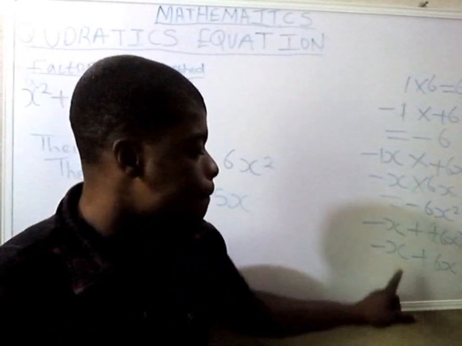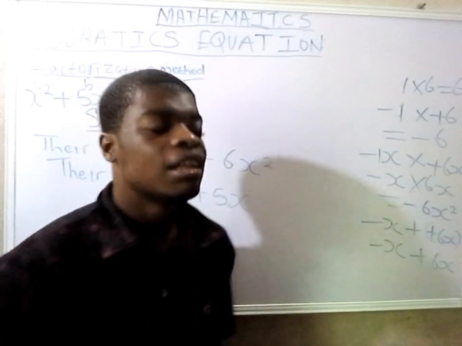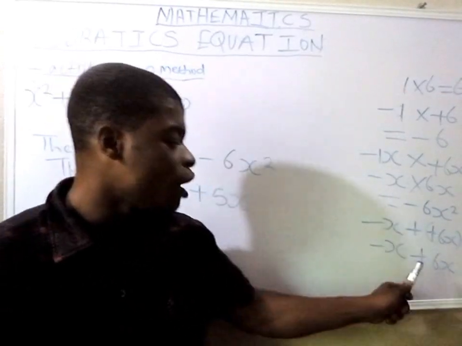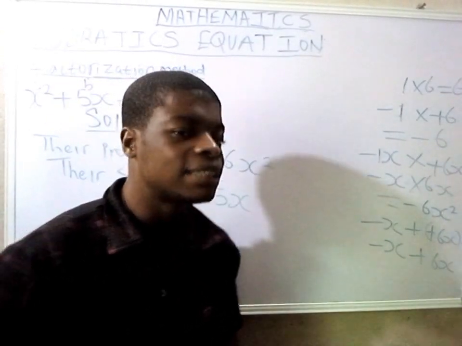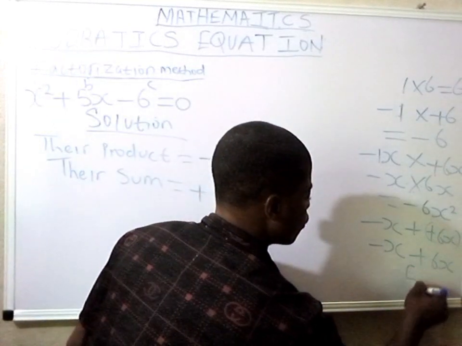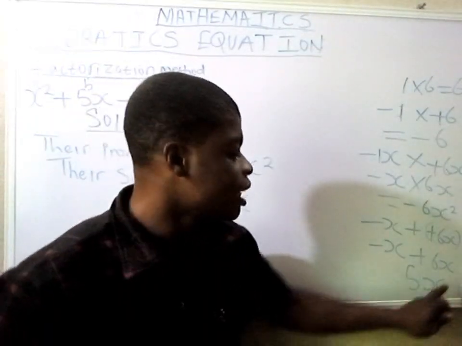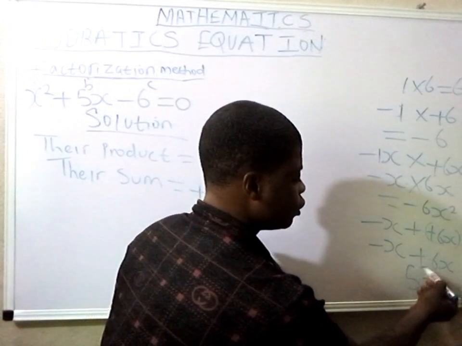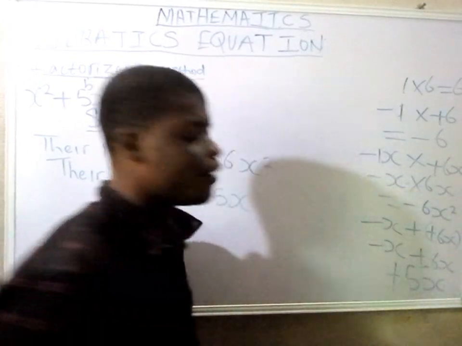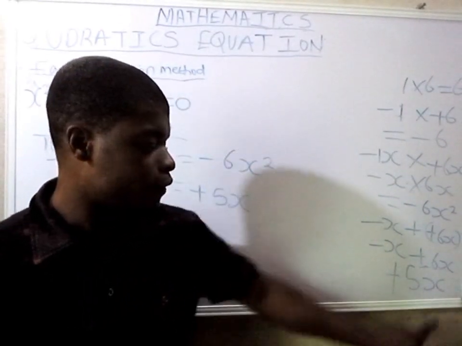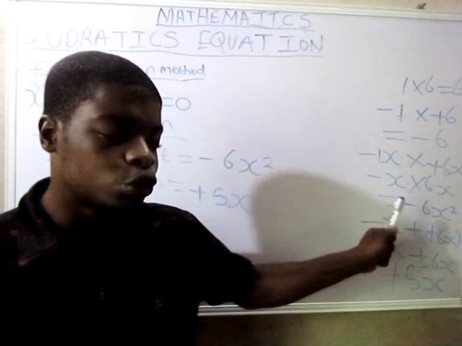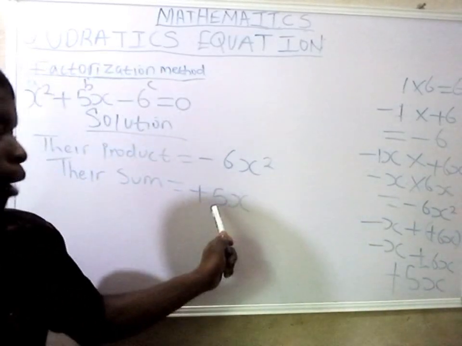So minus times plus is minus. So 6x minus x is 5x. Take the sign of the bigger number, which is plus 6x. So our final answer is plus 5x. So we can use these numbers because we got our sum back.